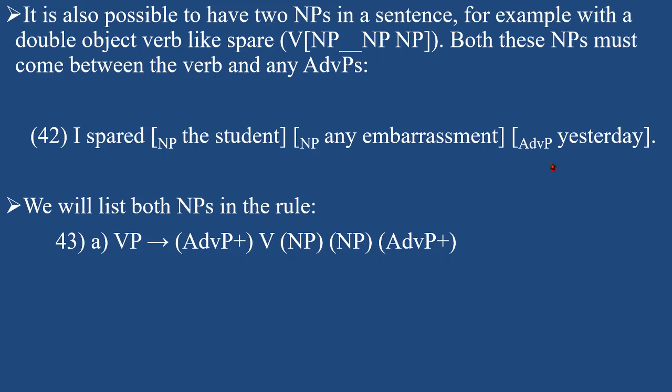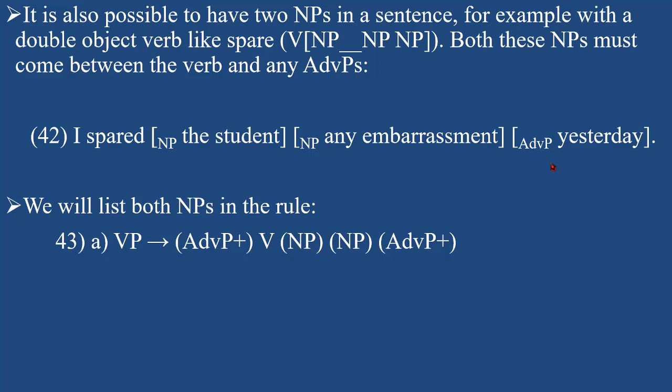It is also possible to have two NPs in a sentence, for example, with a double object verb like spare. So we have the slot for an NP and an NP. Both these NPs must come between the verb and any adverbs. I spared the student embarrassment yesterday. So we will list both NPs in the row.